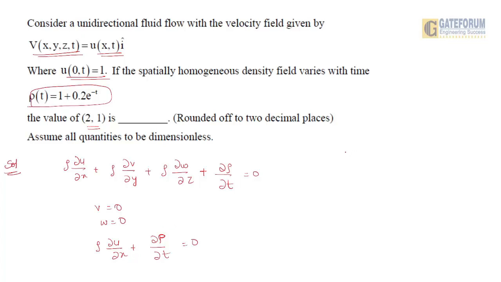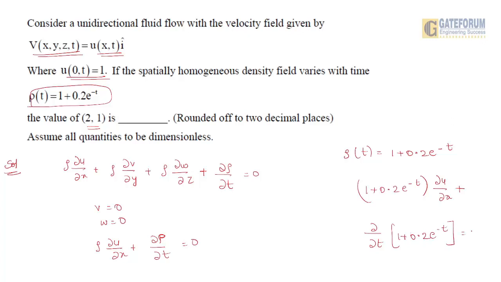What is rho given to you? Rho of t is equal to 1 plus 0.2 e power minus t. When you differentiate it, you are going to have 1 plus 0.2 e power minus t into dou u by dou x plus dou by dou t of 1 plus 0.2 e power minus t, which will be equal to 0.